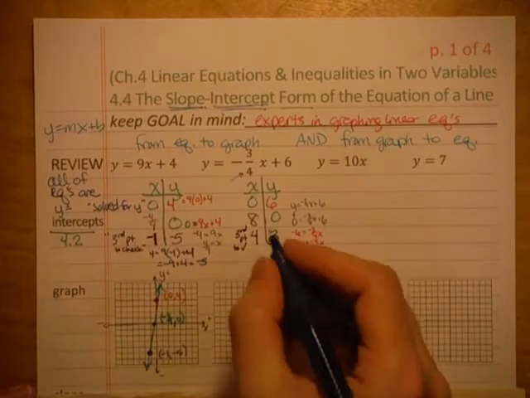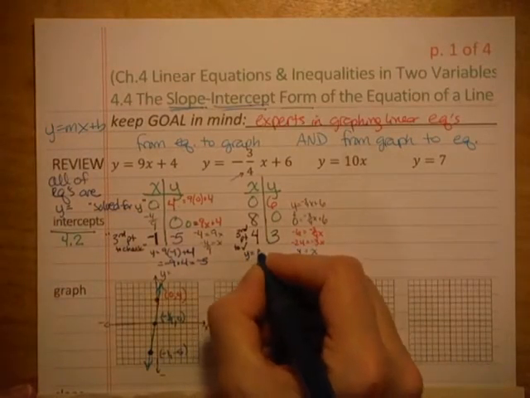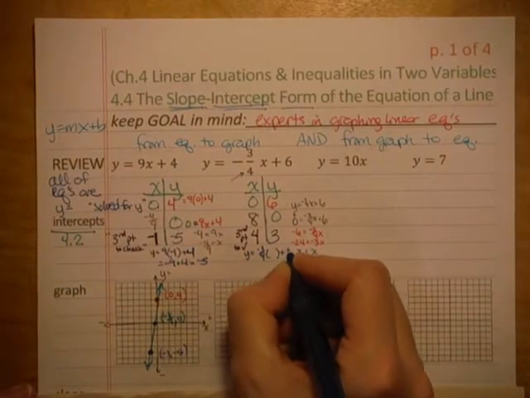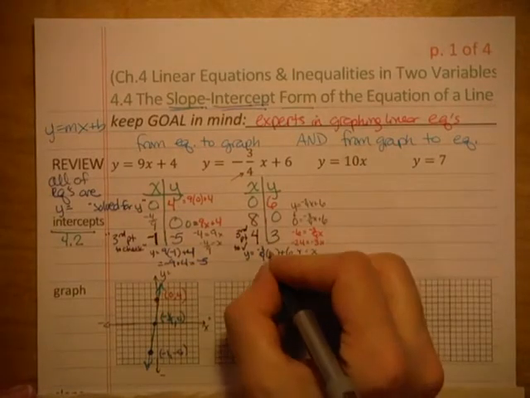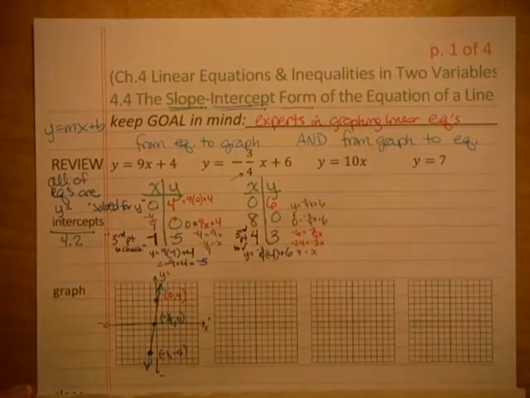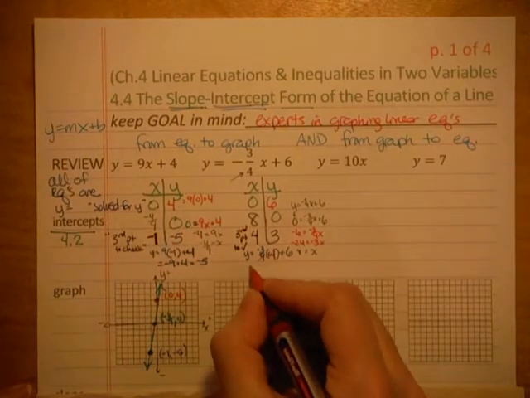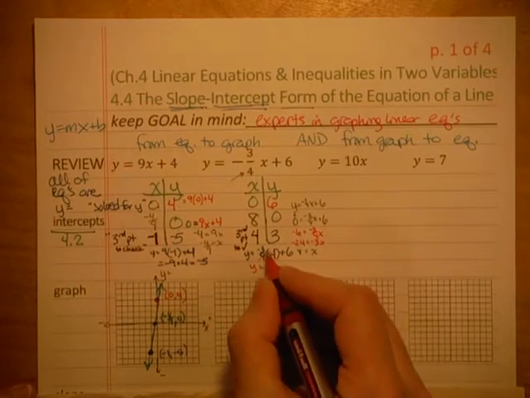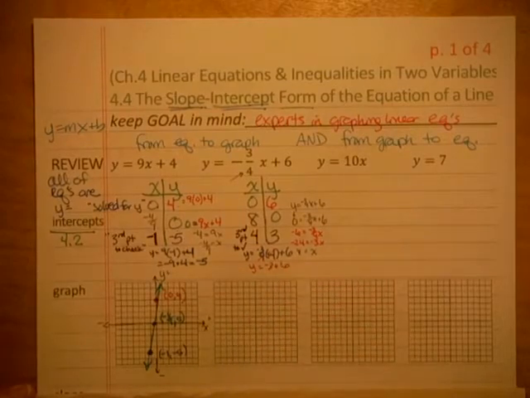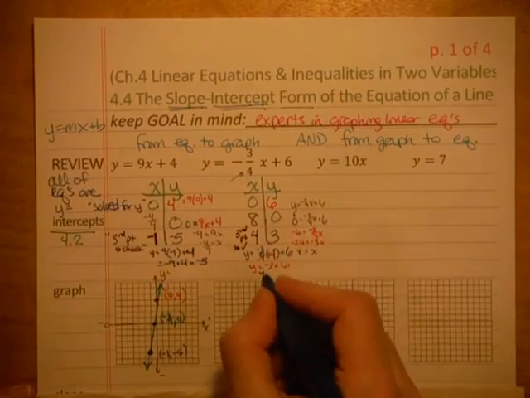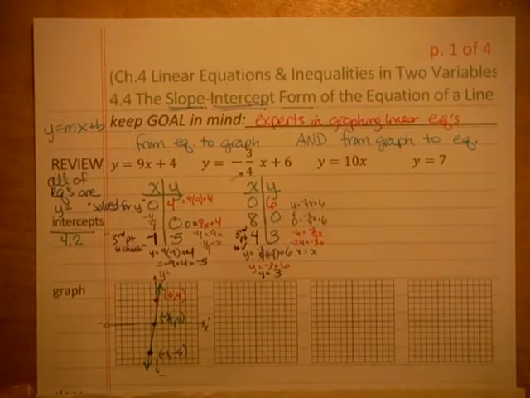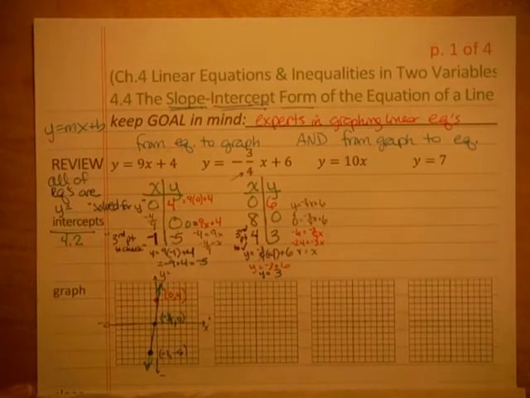So if you need to see that worked out, right here I've got y equals -3/4 times x plus 6. When I put 4 in, the 4's cancel, and I've got -3 plus 6, so y is going to be equal to +3. Okay, so those are my 3 points: 0, 6, 8, 0, and 4, 3.